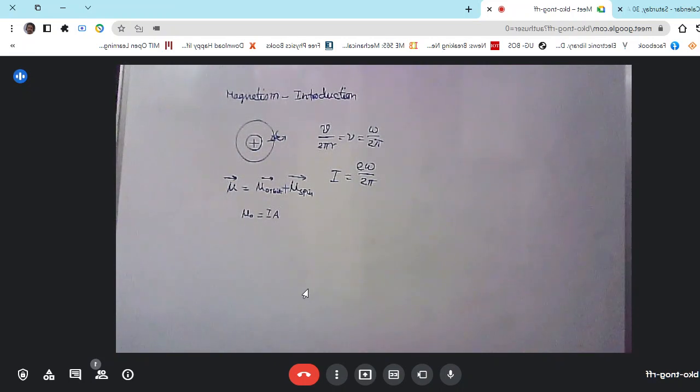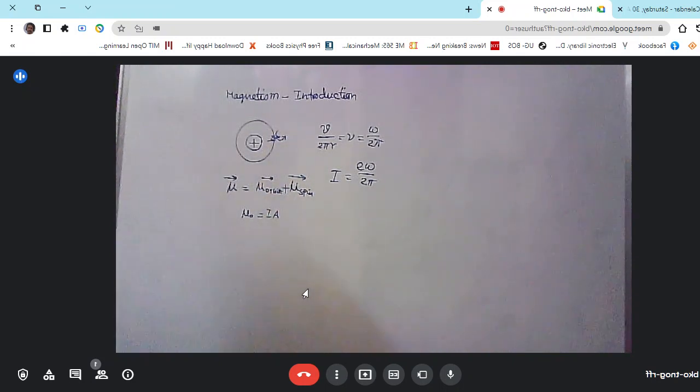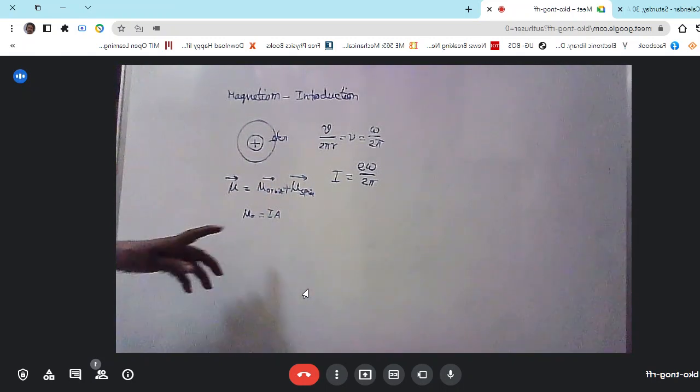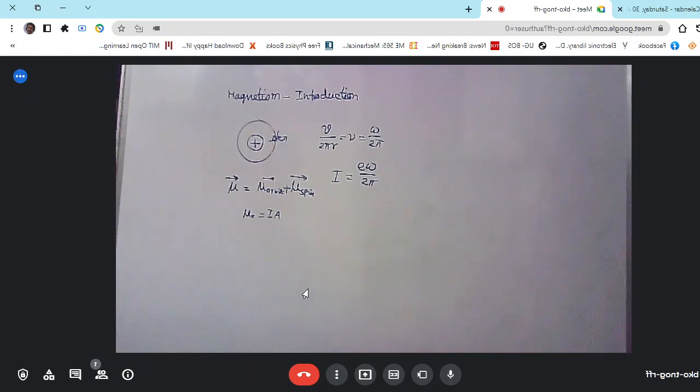If you have a loop and a current passes through it, then you may assume that it is equivalent to some magnet whose boundary coincides with the boundary of the loop. Here also we have the same condition. We may consider a magnetic dipole here, whose dipole moment is I times area.